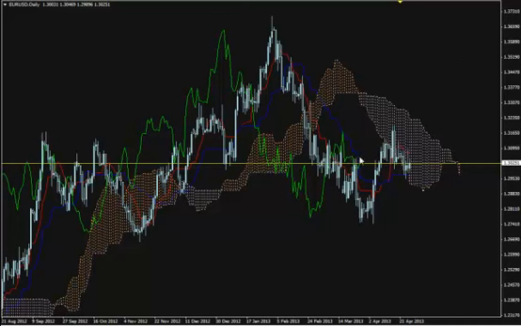We have the Chikou span line here, the green line, which is turned upwards, but it's below the Kumo, so it's a weak bullish confirmation. We have the price above the Kijun-sen, the blue line, which is also a bullish signal, but because it is below the Kumo, it's weak.